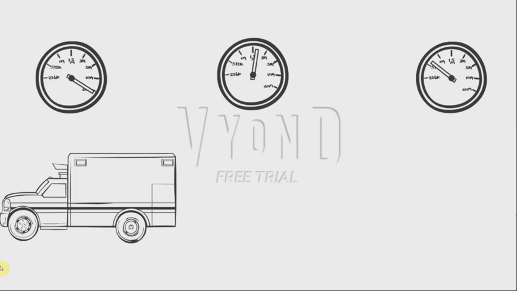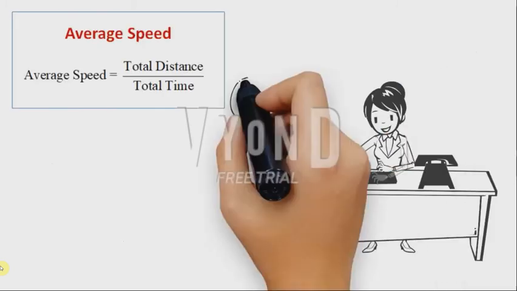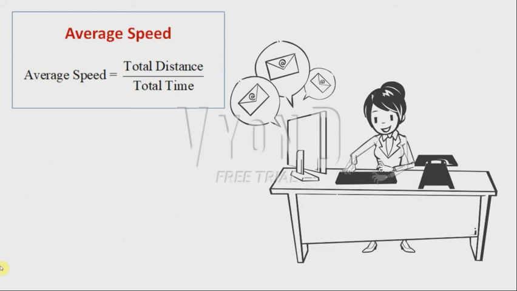So in this case, we cannot calculate speed by using the distance over time, but we need to calculate it by using something else, which is the average speed. The average speed equals the total distance that's covered by the object in motion divided by the total time.